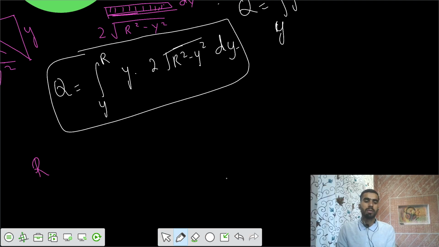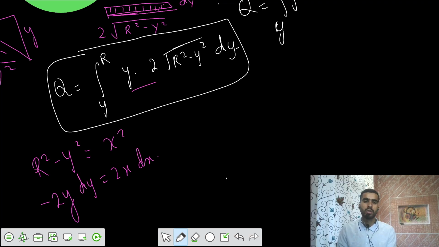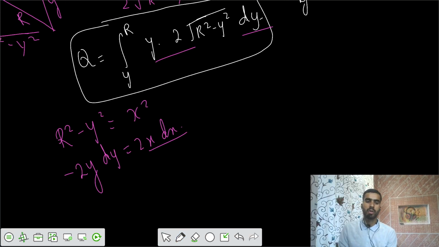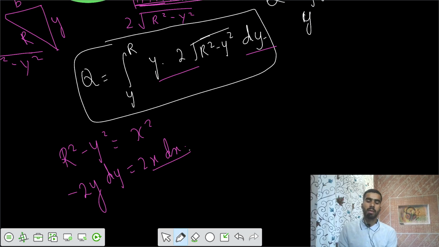So we can substitute something. Let's substitute that r square minus y square equals x square. If you differentiate it, we get minus 2y dy equals 2x dx. And now you take the limits because your variable changes.